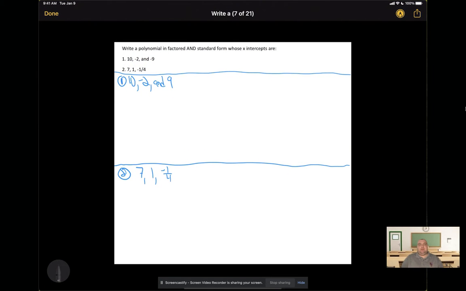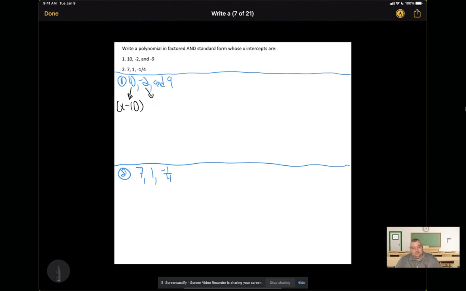Write a polynomial in factored and standard form whose x-intercepts are the following. Number 1, we have x-intercepts of 10, -2, and 9. So there are 3 x-intercepts, which means there are going to be 3 factors. I'm going to make 10 into a factor by switching the 10 to -10, so the factor will be x minus 10.